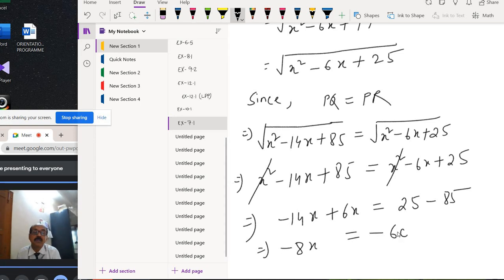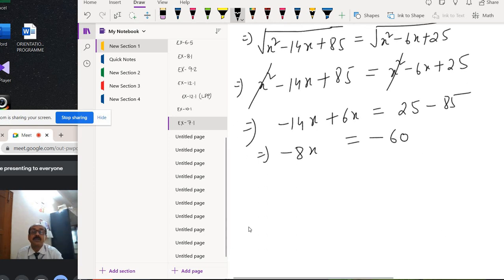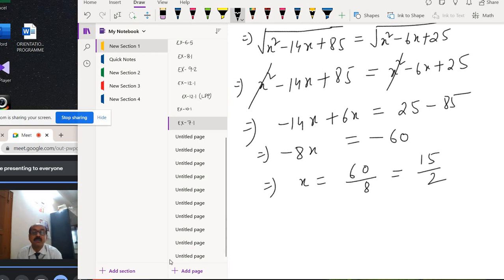Minus minus gets cancelled. x equals 60 by 8, which is 15 by 2. So the point is x comma 0, that is 15 by 2 comma 0.